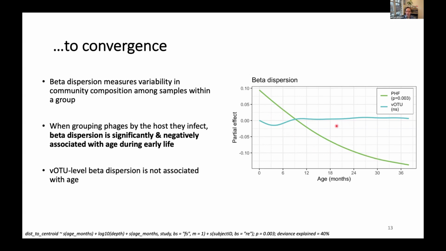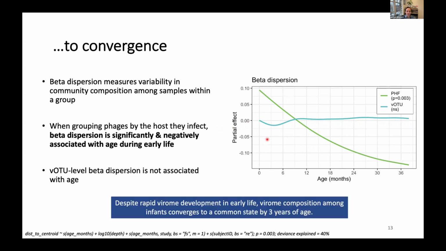But at the VOTU level, so just the raw sequence level, the viral OTU level, there's really no significant association between beta dispersion and age. And what this would suggest is that despite the rapid and chaotic development of the virome in early life, virome composition among infants, when you consider the host that these phages infect, really converges to a common state by around 3 years of age. So from chaos to convergence, that's how we get there.